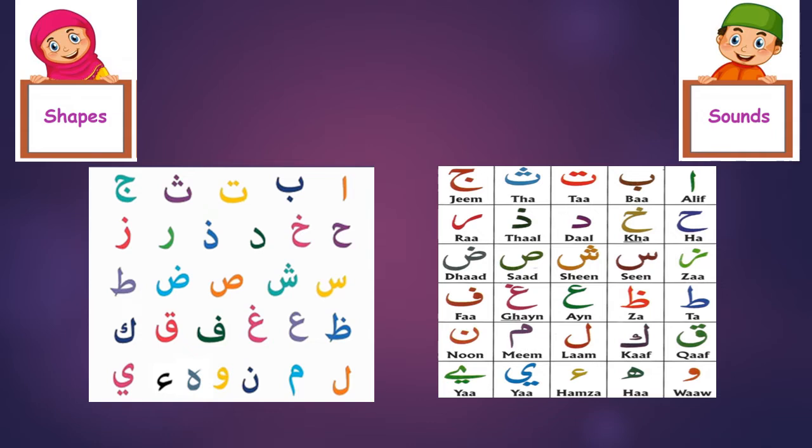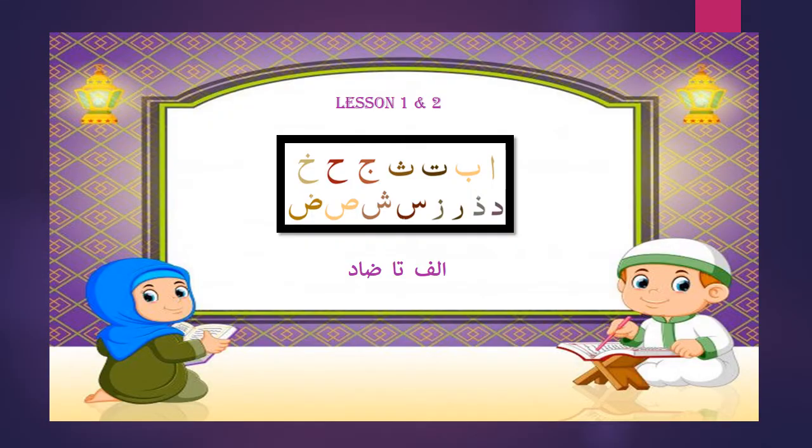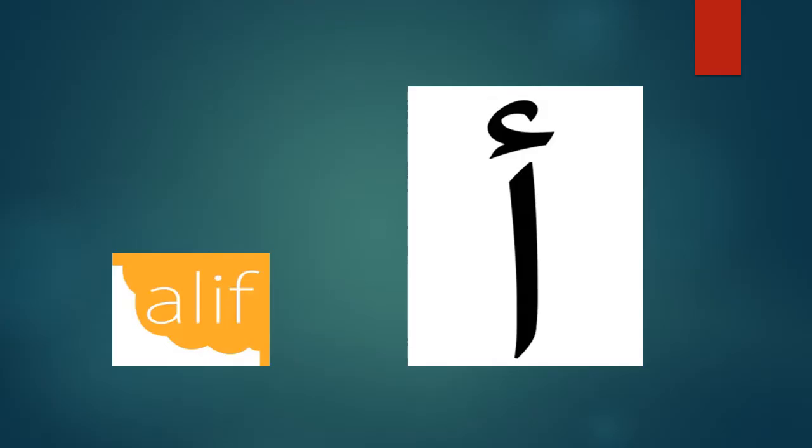You can see the shapes and the sounds. In lesson 1 and 2, we have done from alif, ta, dod. We will revise the letters.